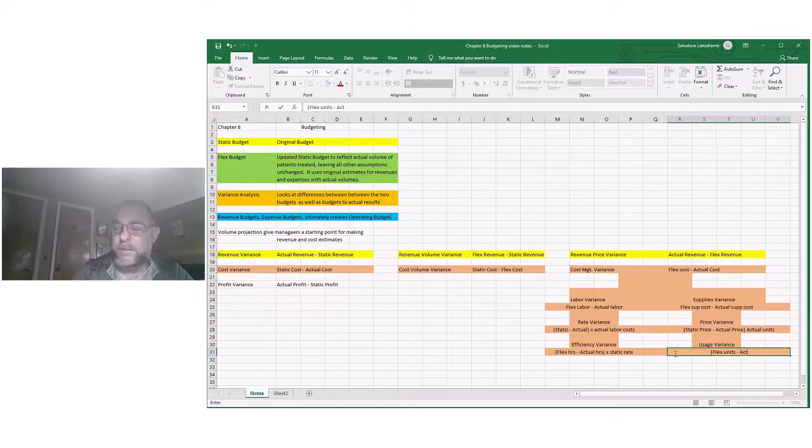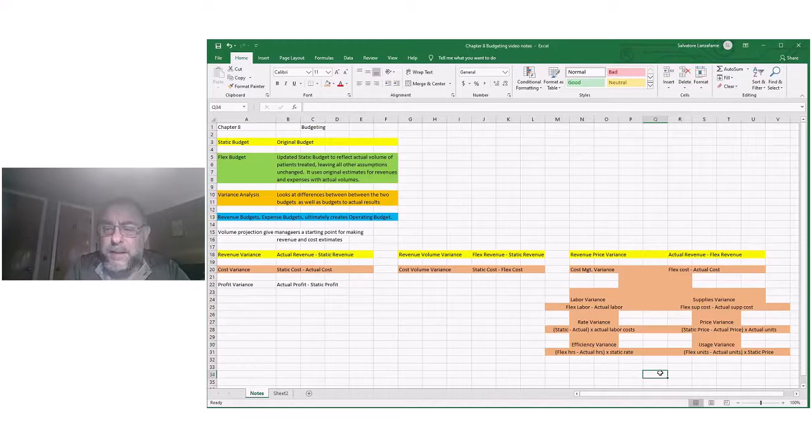A little step ahead of myself. And then you would multiply this by the static price. So you can see there's a lot of different ways to kind of figure things out here.